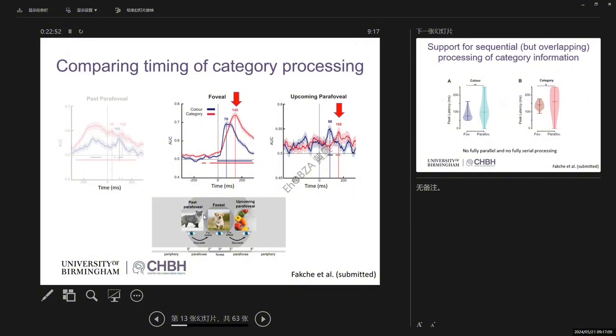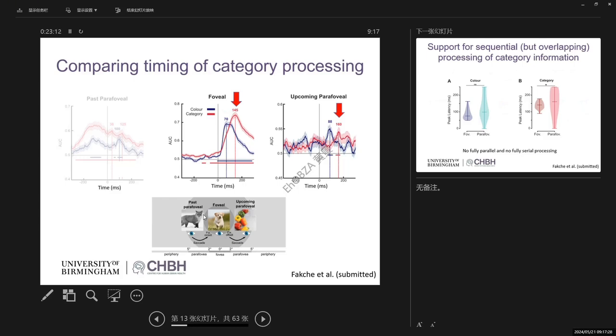So that's also somehow sequential, but there's also overlap, right? So what we would like to think is that there's sort of a mix between sequential and parallel processing. And I'll try to make sense out of that in a minute.